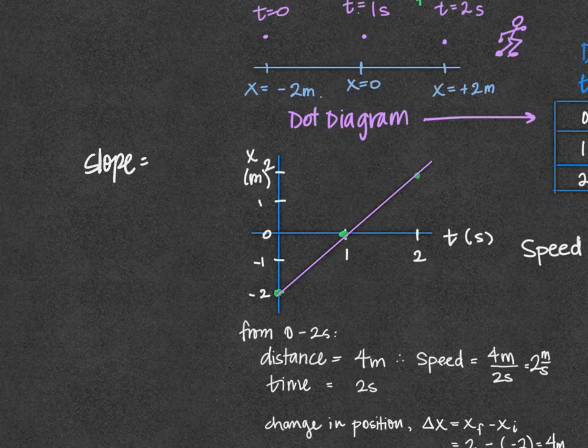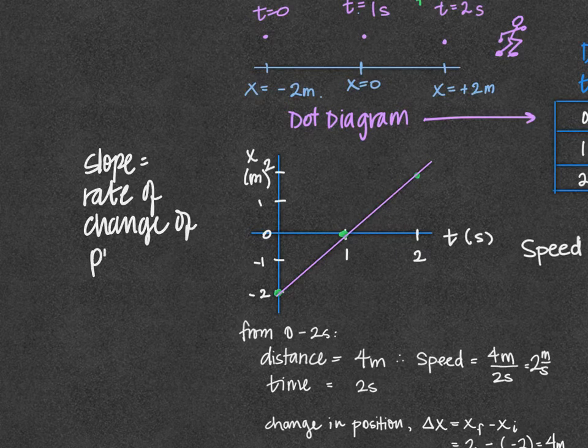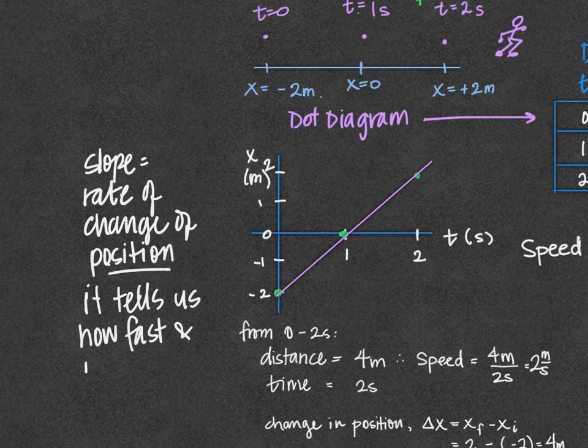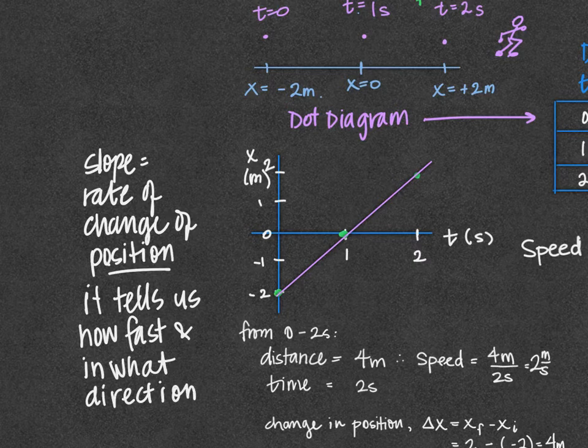So the slope is the rate of change of position, and it tells us how fast and in what direction the particle was moving, or the object was moving, or the person was moving.